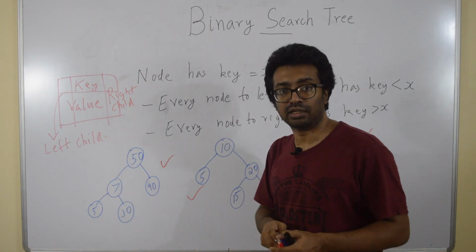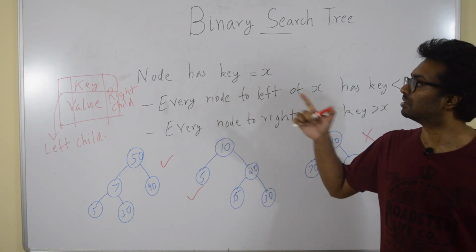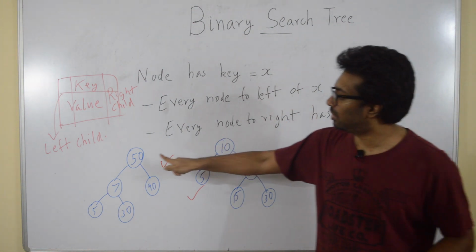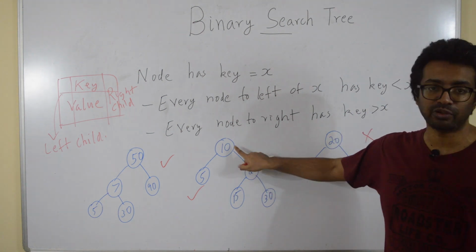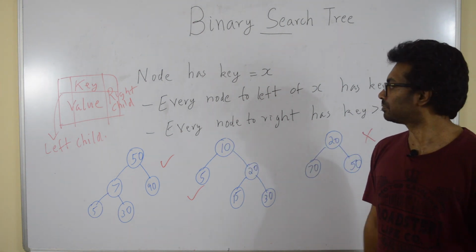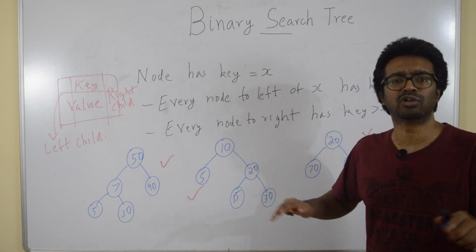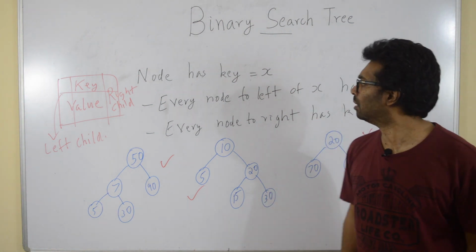All these numbers are keys I'm talking about, and not the value. The value could be anything here.